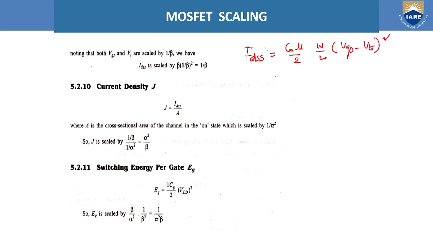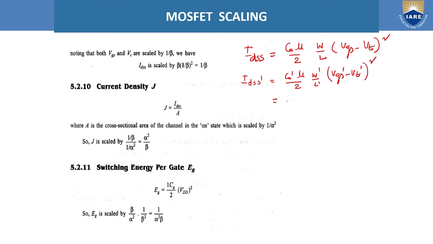Okay. So IDSS dash is the new value of the saturation current because of scaling, and C0 becomes C0 dash, mu is the same, it does not change, and W dash, L dash, VGS dash minus VT dash whole square.